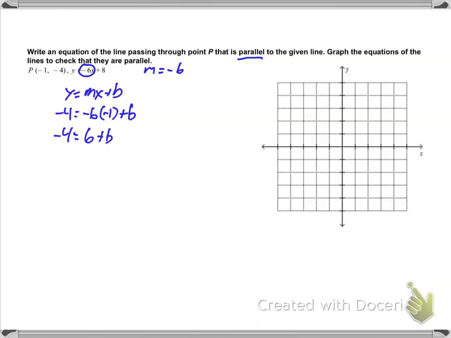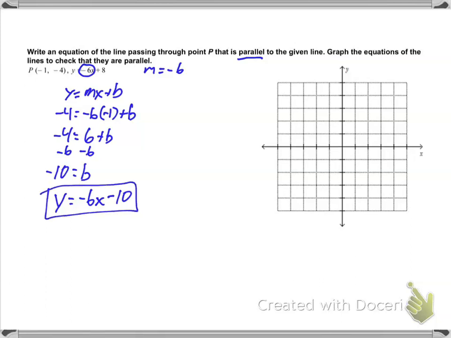And then we're going to move the 6 over, so minus 6 to both sides. And I have negative 10 equals b. So my equation, with everything plugged in there, is y equals m, negative 6, x plus b. Well, b is a negative, so it's going to be minus 10. All right? So this is the equation of my line.